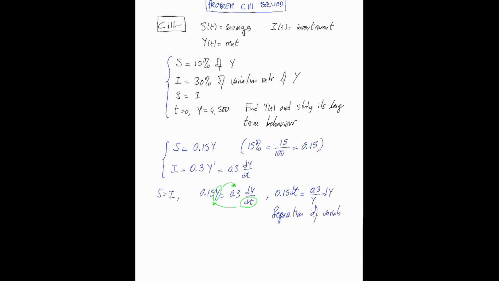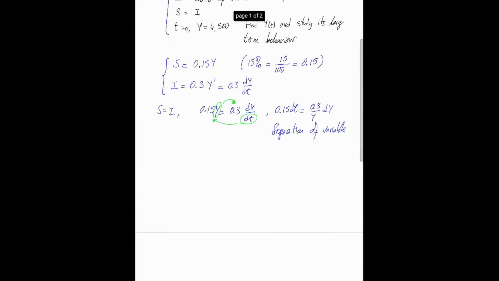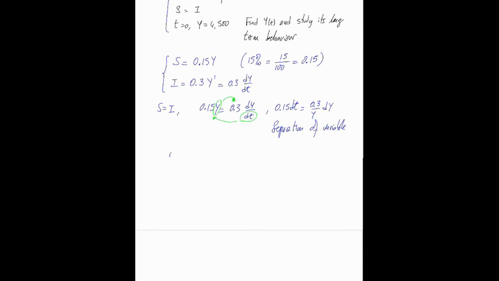For that to be solved, we need to integrate both sides. Before integrating, let me do a little bit of rearrangement. First of all, I will write 0.3 over y dy equals 0.15 dt. It doesn't matter really what I'm going to do, but as I did it in class, I'll do it now. This 0.3 will go to the other side dividing, because here it is multiplying, and what I have left is 1 over y dy equals 0.15 over 0.3 dt.